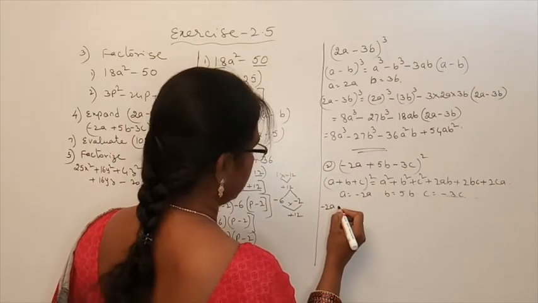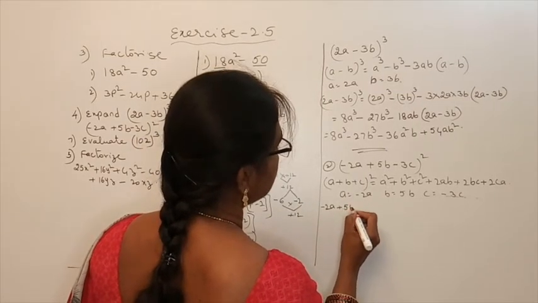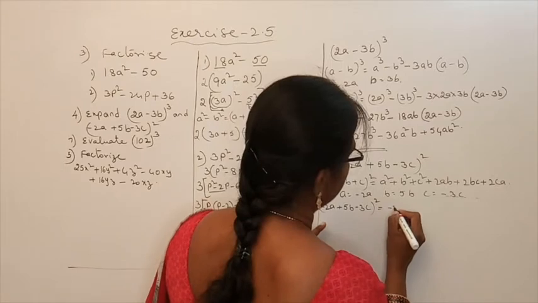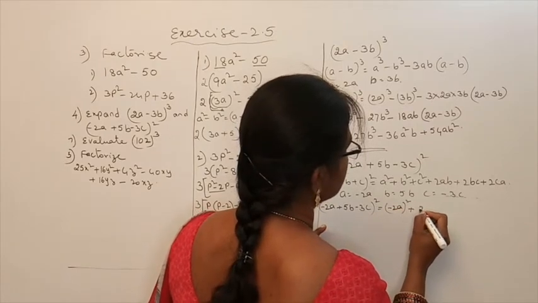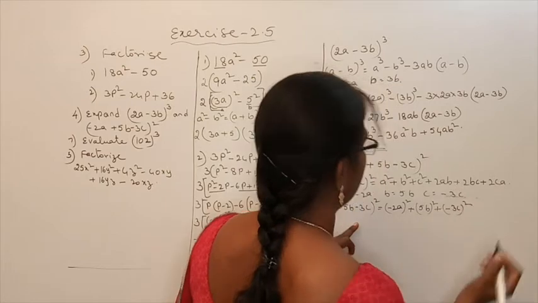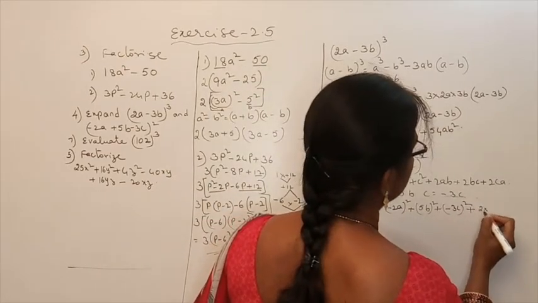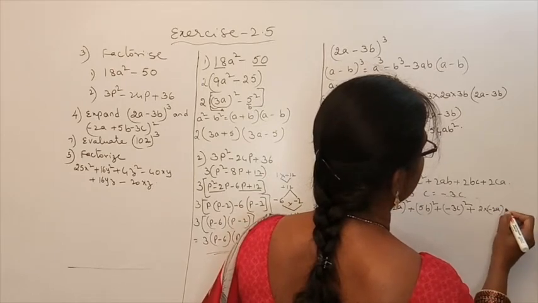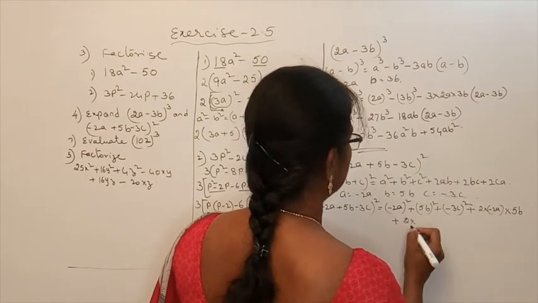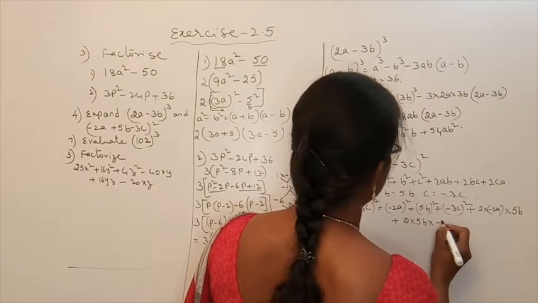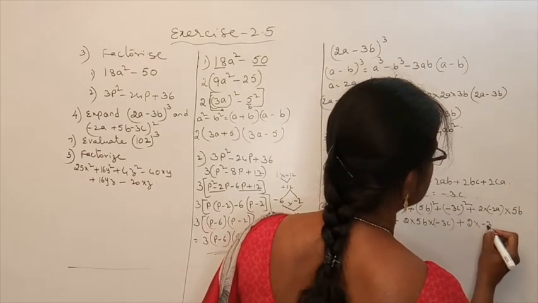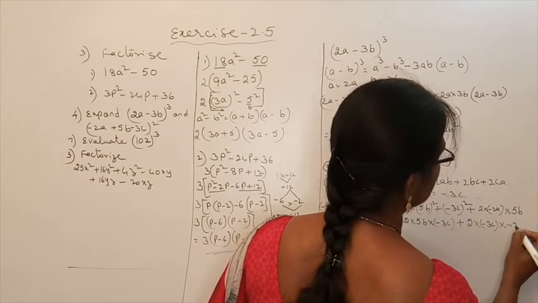Minus 2a plus 5b minus 3c whole square is equal to minus 2a whole square plus 5b whole square plus minus 3c whole square plus 2ab, 2 into minus 2a into 5b, plus 2bc, 2 into 5b into minus 3c, plus 2ca, 2 into minus 3c into minus 2a.